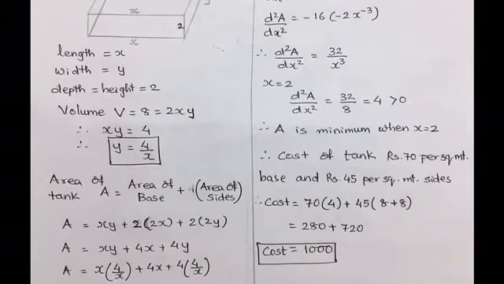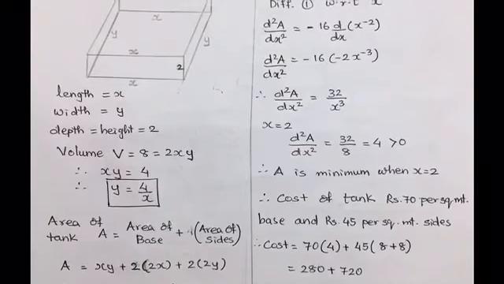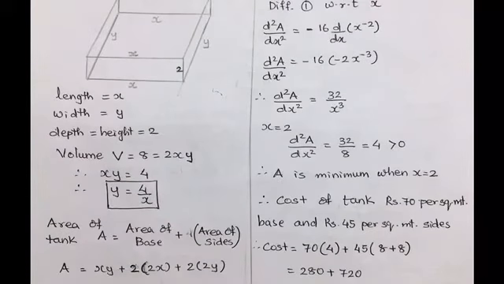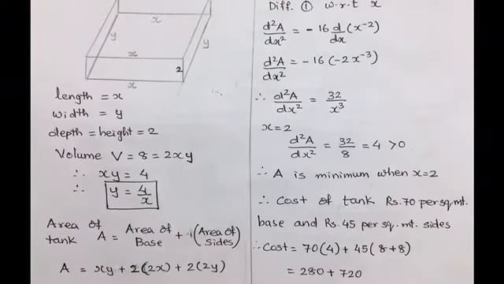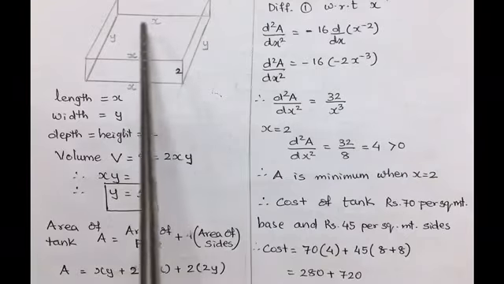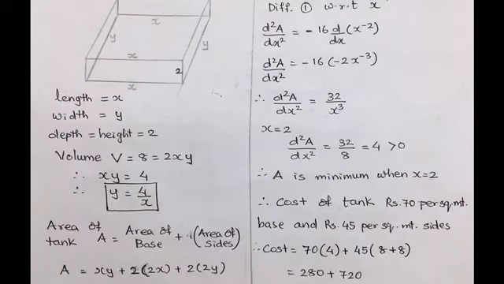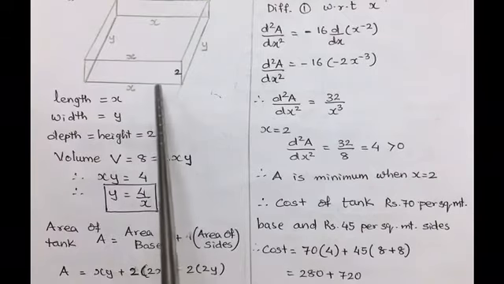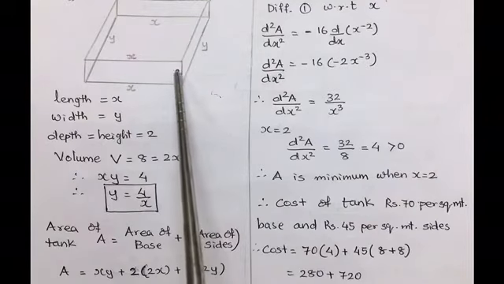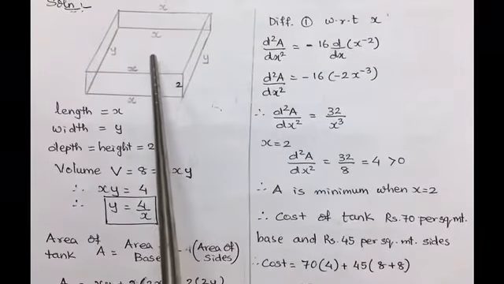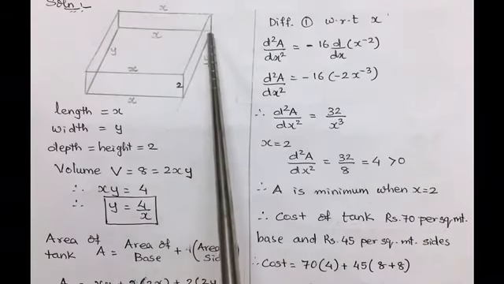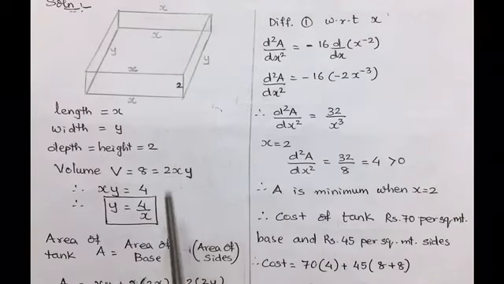Now going for the area of the tank, by taking area of base plus area of sides. There are a total of 4 sides. So we take the area of the base as xy. Taking up the sides, 2 of the sides will have the length as x and breadth as 2, that is the height.